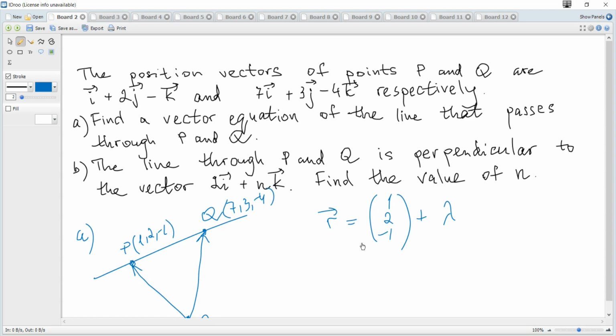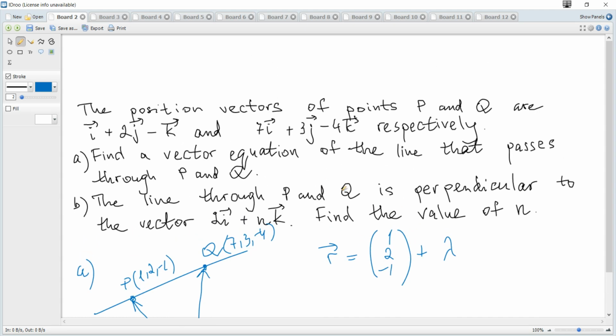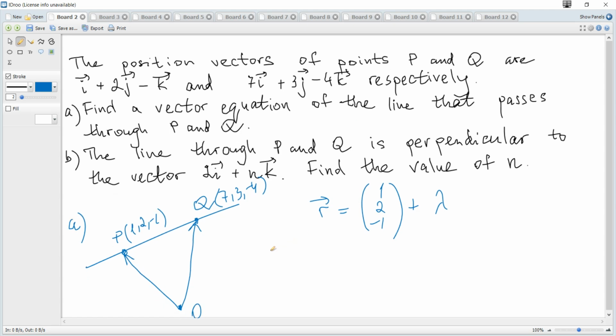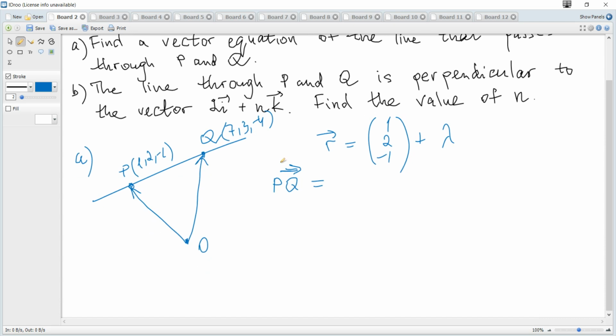So let's find PQ. The coordinates of the vector PQ can be found as a difference: OQ minus OP. That's directly the rule for difference, or you may use the triangle rule for the sum, and PQ becomes PO plus OQ, and PO is minus OP, and you get the same.